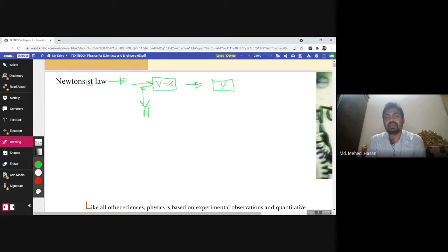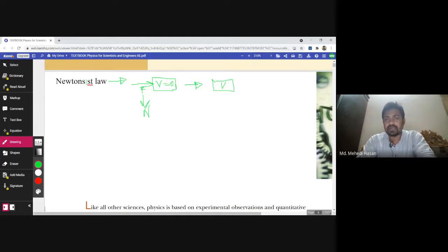That means if we apply force, the velocity of the object will change. And the tendency to stay in the same motion, this is called inertia.